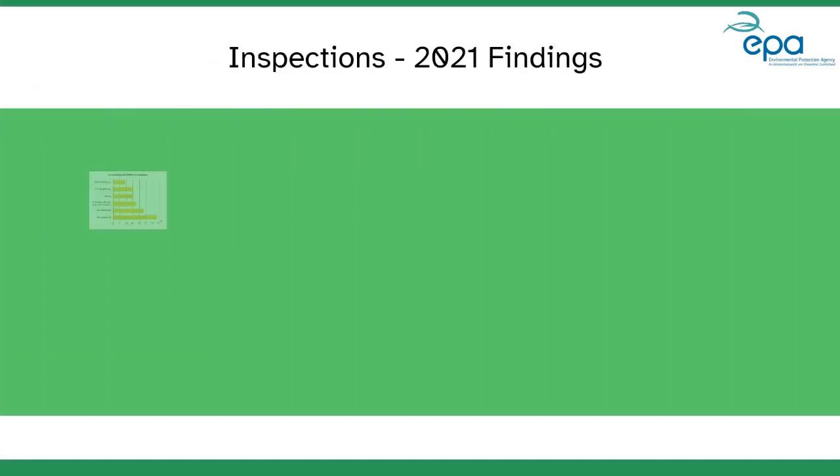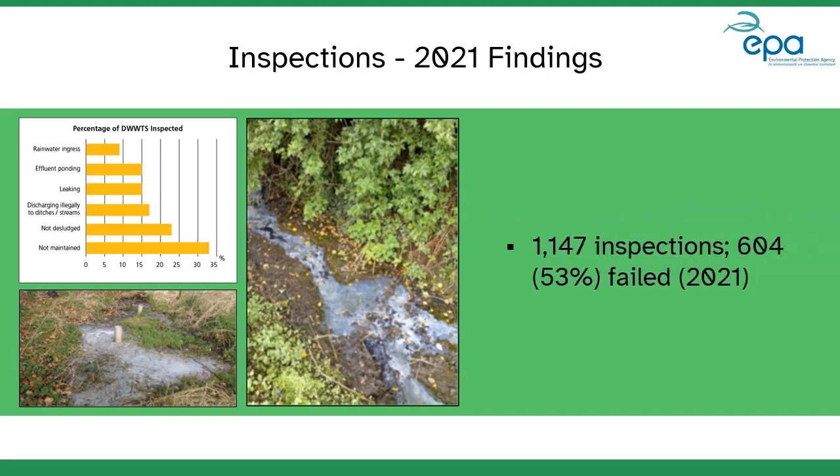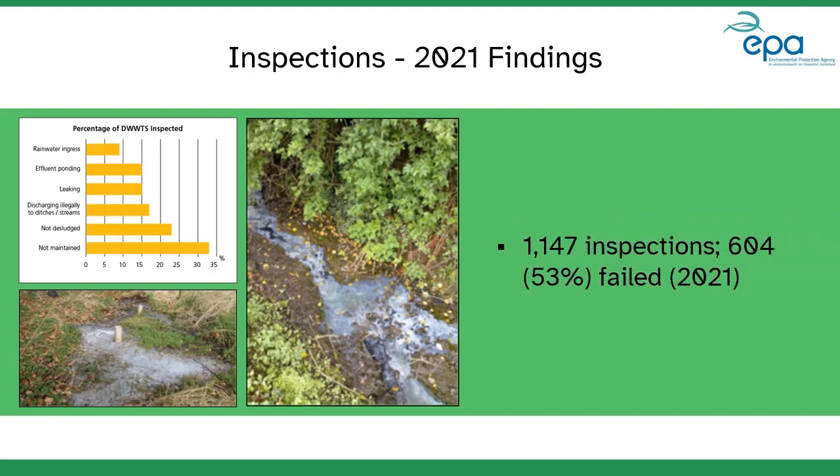So, just to give you a flavour of the latest report, the Domestic Wastewater Treatment System Inspections Report was published in June 2022 and reported on the inspections completed in 2021. There were 1,147 inspections completed in 2021, and these found that 53% of systems that were inspected failed inspection.